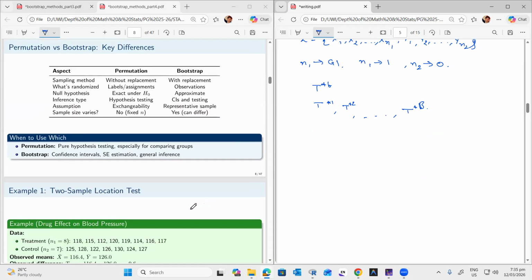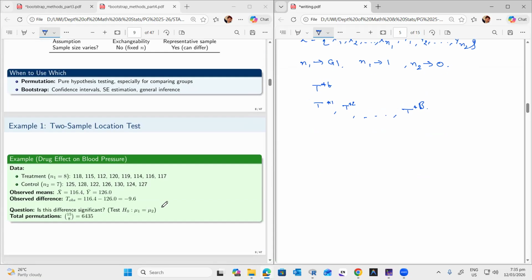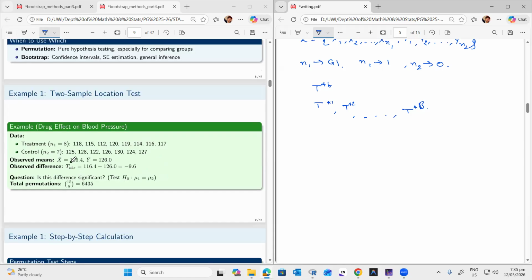Here we have one example of a test statistic: a two sample location test in a treatment setting, where n1 equals 8 and n2 equals 7. The observed means are x bar 116.4 and y bar 126, and the observed difference was minus 9.6.